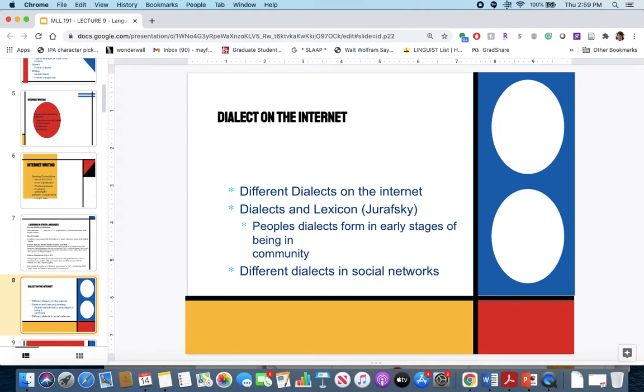So you'll notice that there's different dialects in social networks. How you would speak on Twitter might be very different from how you speak on Facebook, and that could be because of the word count or the character count. You're only allowed certain characters, but how you adjust your social media writing or social media presence with regard to language can depend on who your audience is.